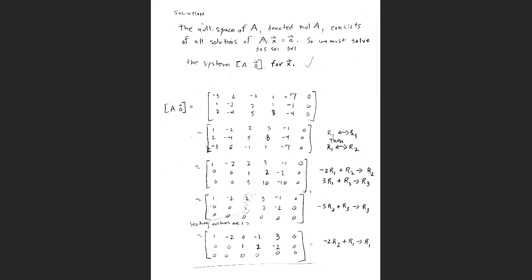So we don't want to forget our row operations. Take a moment to copy this down. I start off with the augmented matrix here and do row operations to get the augmented matrix in reduced echelon form. So let me give you a moment to copy that down.